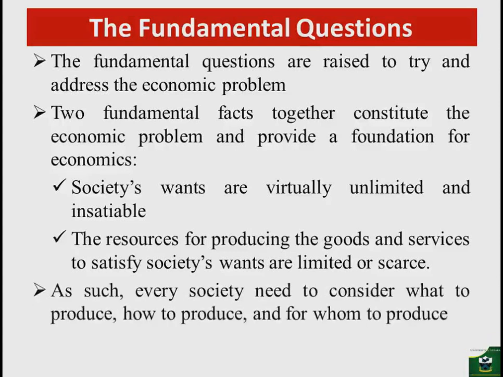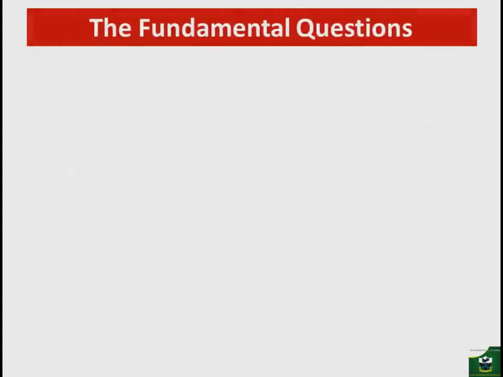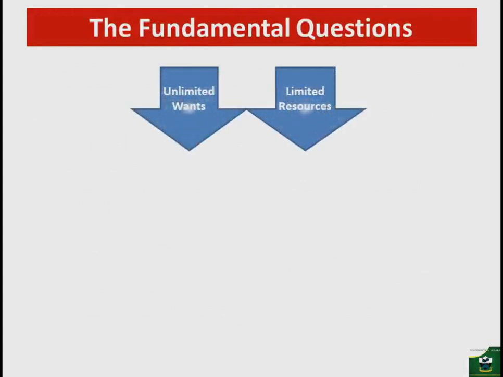As such, every society then needs to consider what to produce, how to produce, and for whom to produce. If we look at the structure of the fundamental questions, remember that we are living in a world where our wants are unlimited, but the resources needed to satisfy those wants are limited.